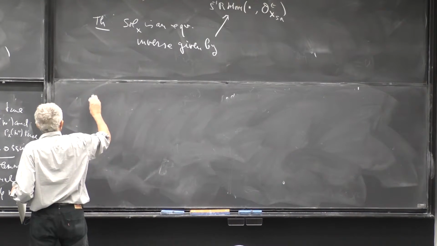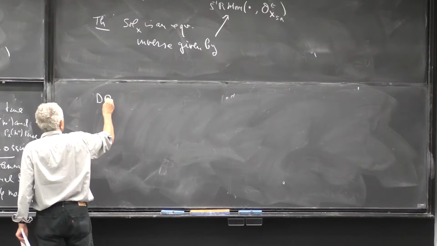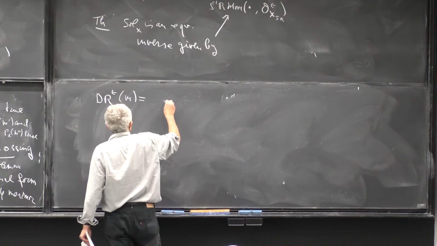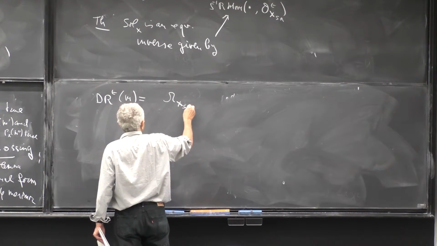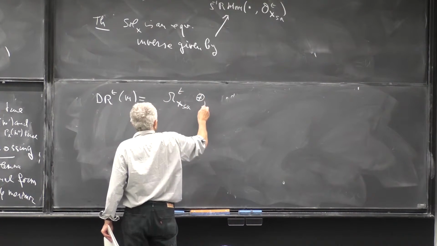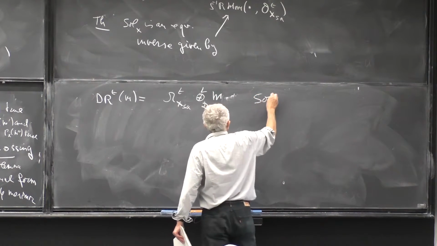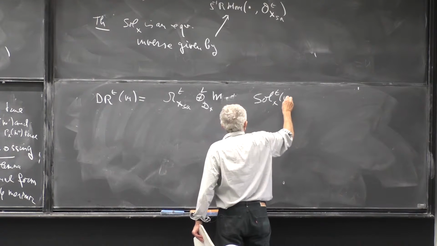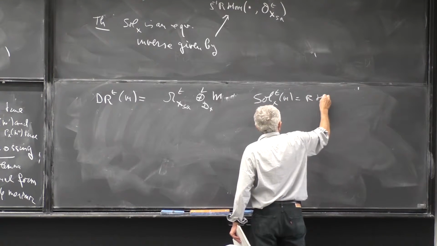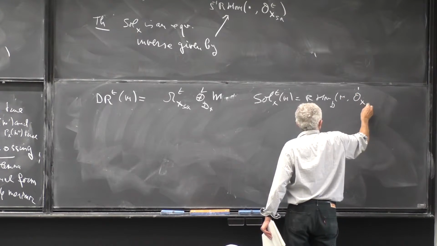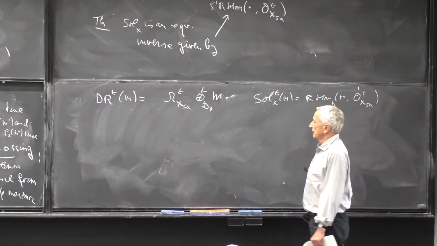Before proving the theorem, I introduce the temperate de Rham complex of M as Omega_X subanalytic temperate tensor M, and similarly the temperate solution complex of M is RHom over D_X of M, O_X subanalytic temperate.